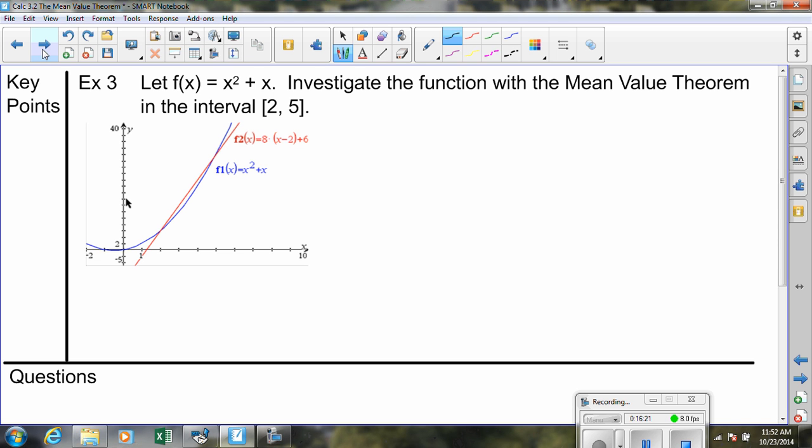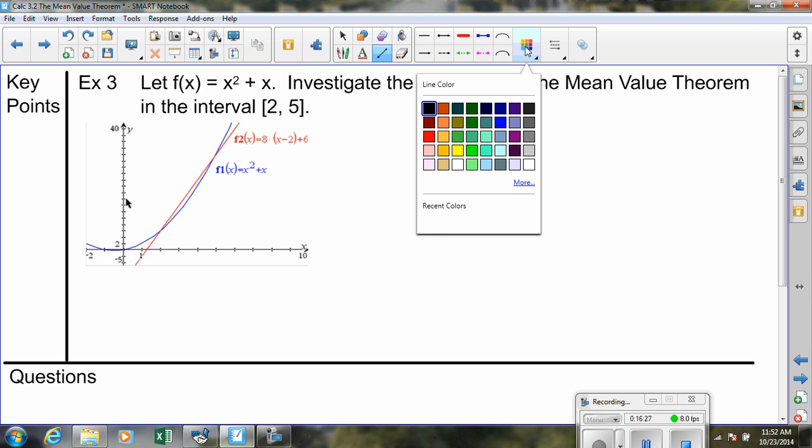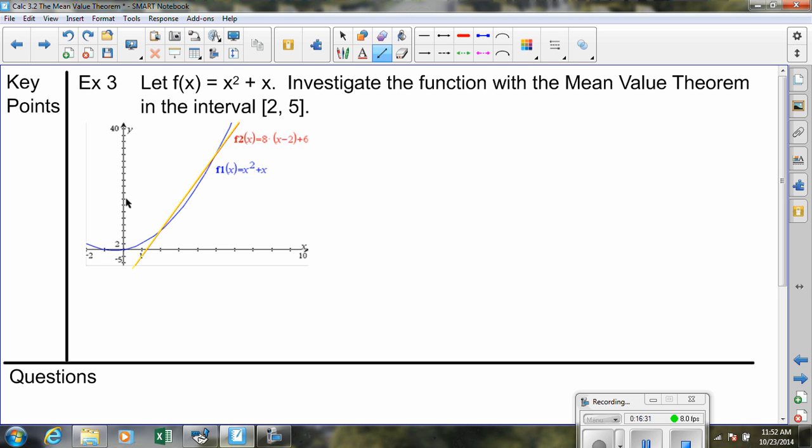You will note then, we've got the line sitting here, and I want to make it thinner, and I'll use yellow because I was using yellow in the previous ones, and say here is our line. The mean value theorem guarantees us that if I drag this outward, there's going to be somewhere where we get a tangent. Yep, that's what the mean value theorem guarantees us.